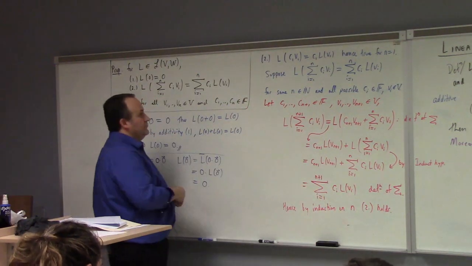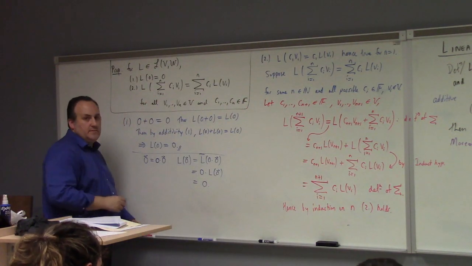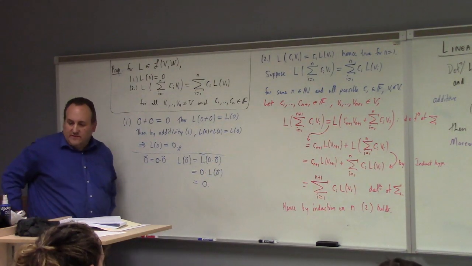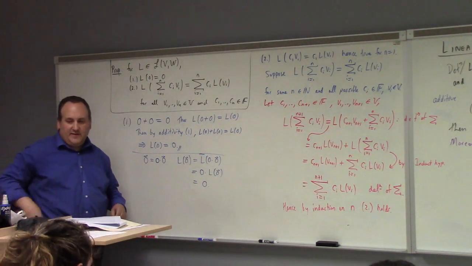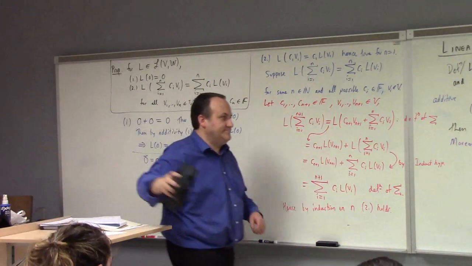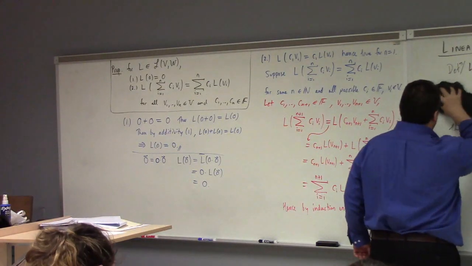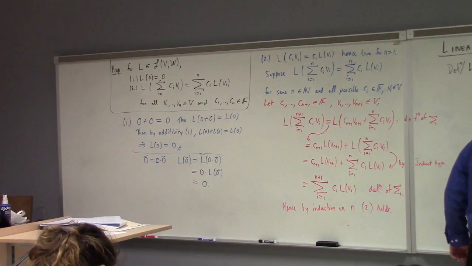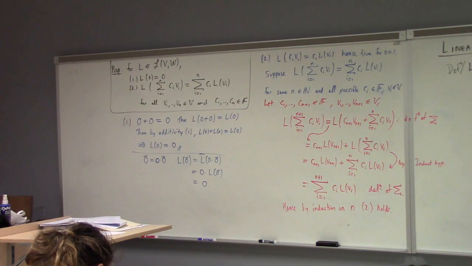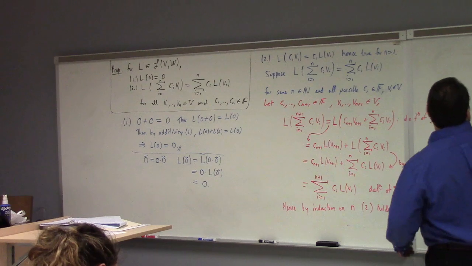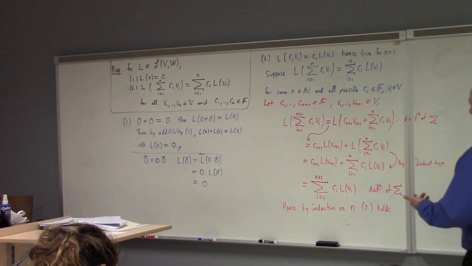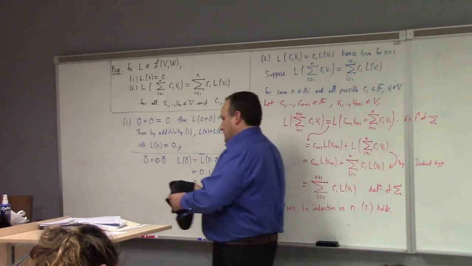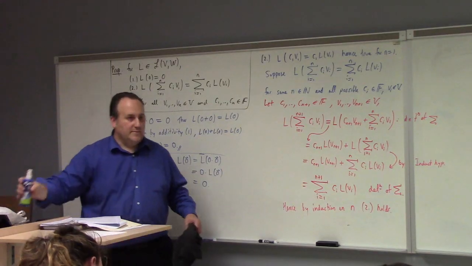Can you guys put into words 2? Like if you wanted to remember 2 as a slogan about linear maps, how would you say it? What are we saying? We're saying L of a linear combination, right, is a what?